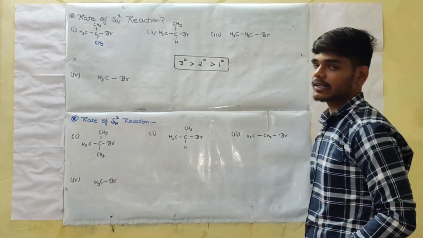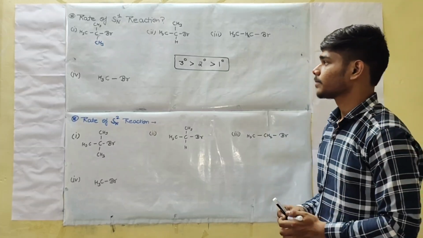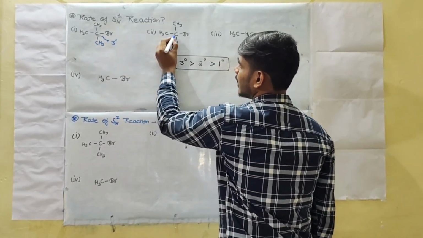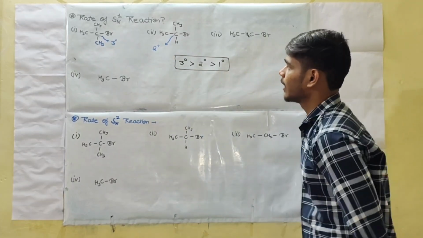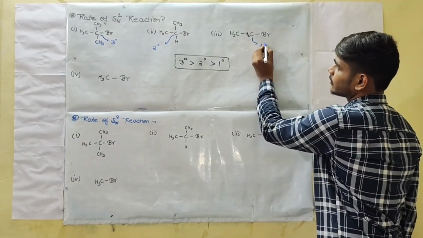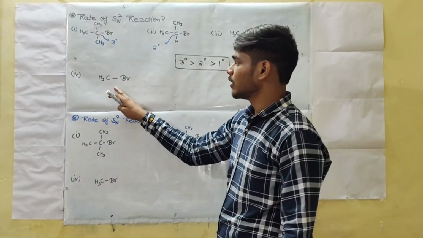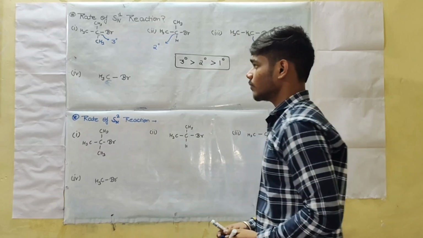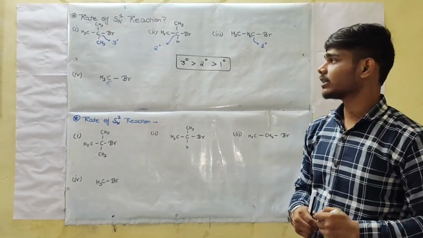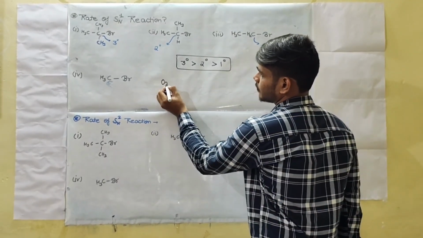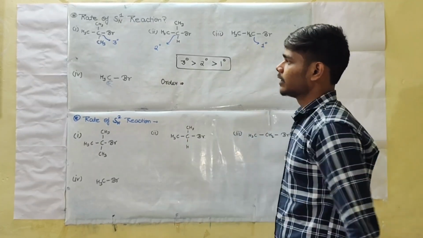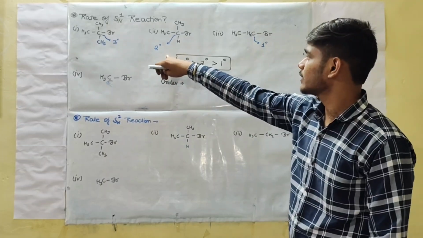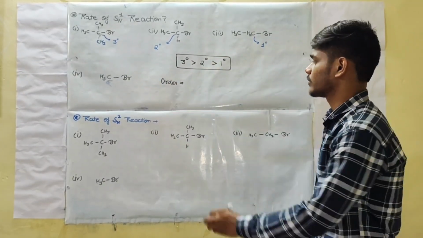Here the first one is 3 degree, the second is 2 degree, the third is 1 degree, and the fourth is just a methyl group. So the fastest rate of SN1 reaction is the first, then the second, then the third, and then the fourth.